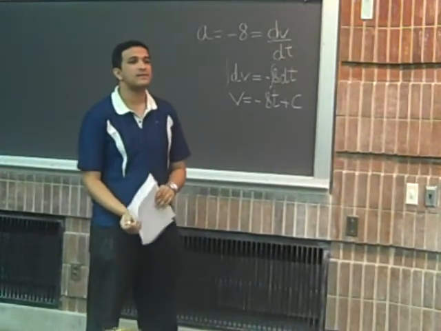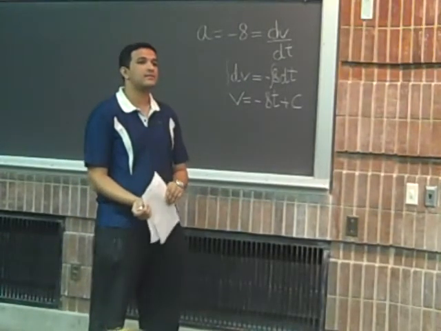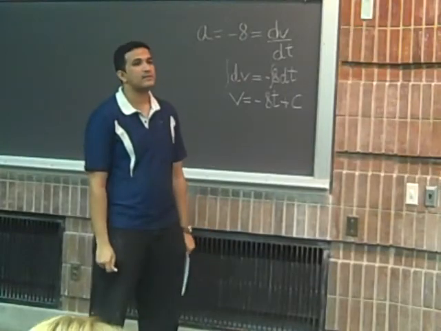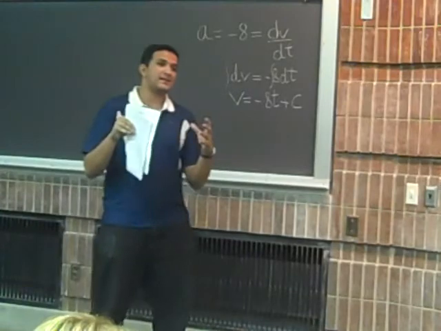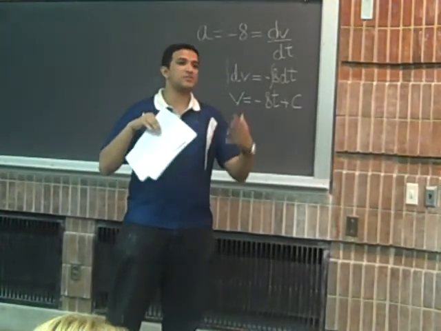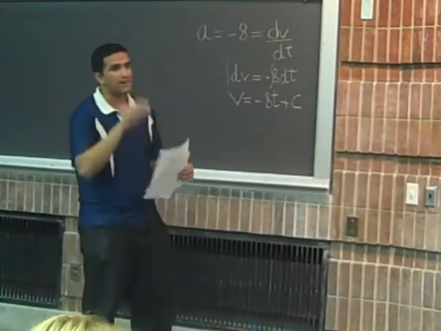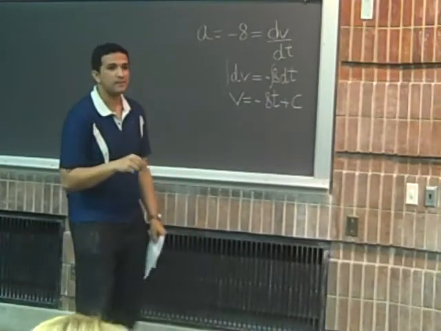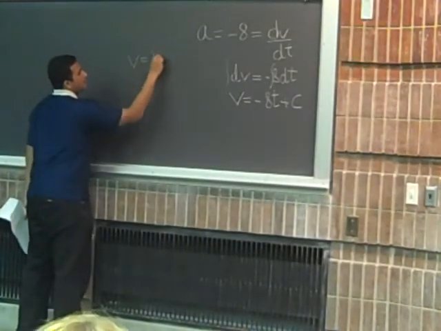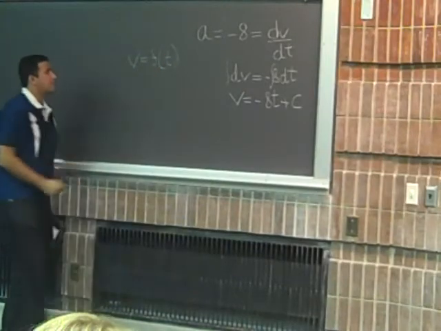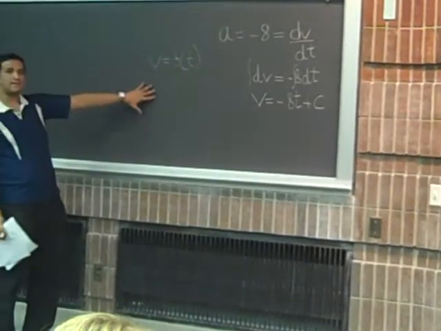I understand the concept of indefinite integral, but what happens if we don't put the constant? Do we really have to put it? Okay. Do you know that integration and differentiation are like opposites of each other? So if I have a function f of t, and I differentiate it, I get acceleration.